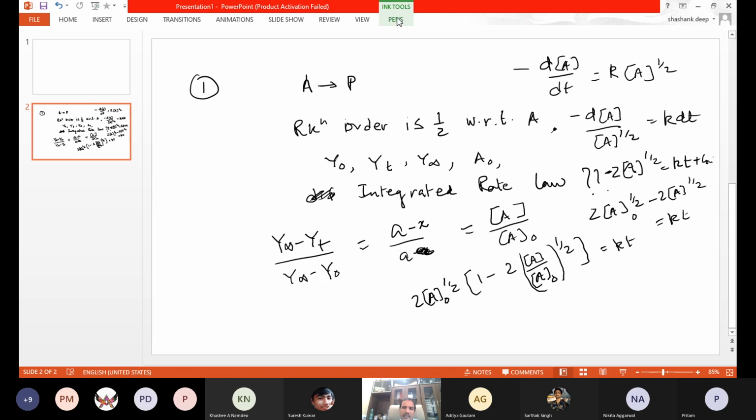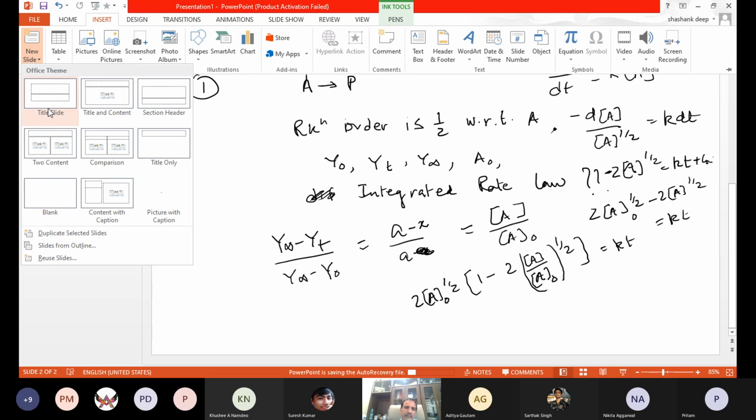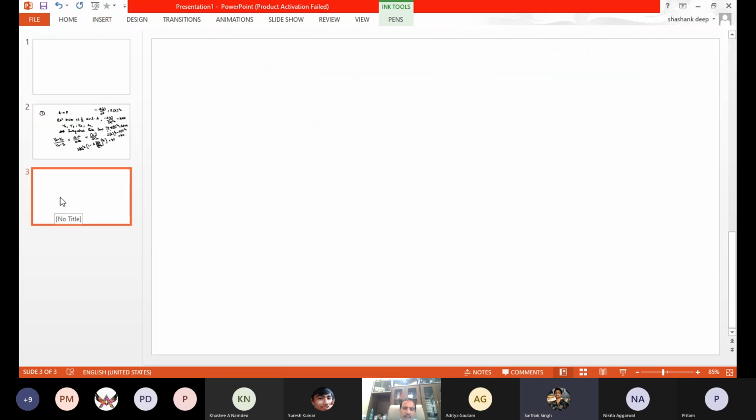Okay, so next question. In tutorial 2, in question 4, it is not given which reaction is the slow step. So do we have to directly assume?